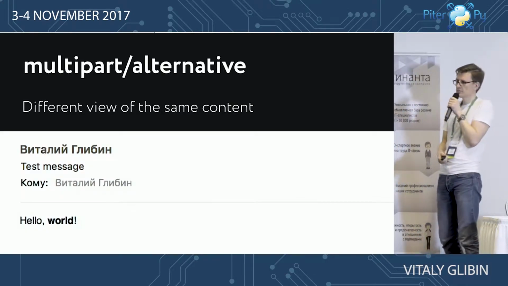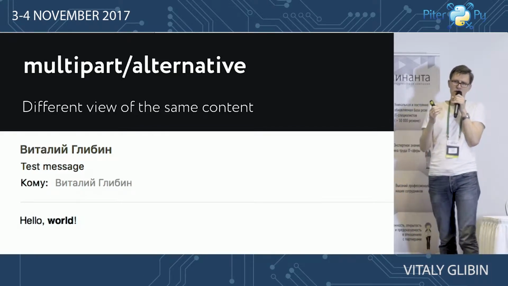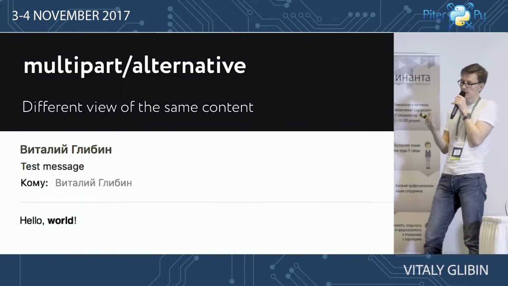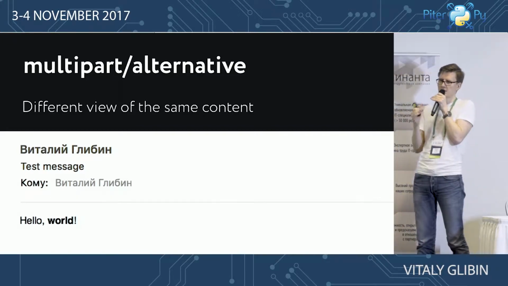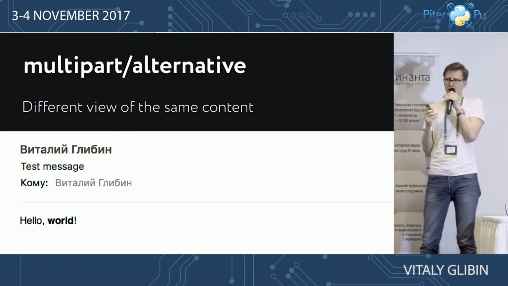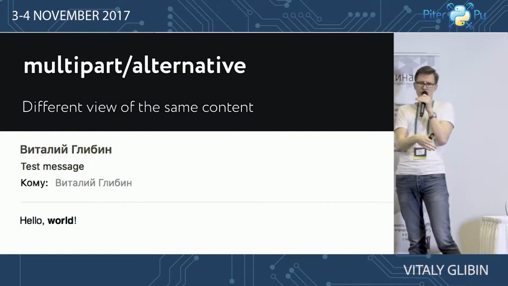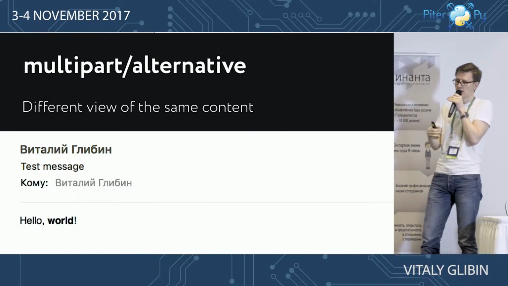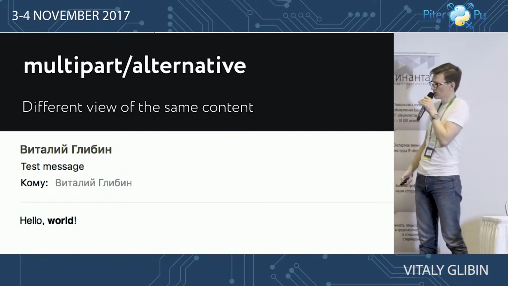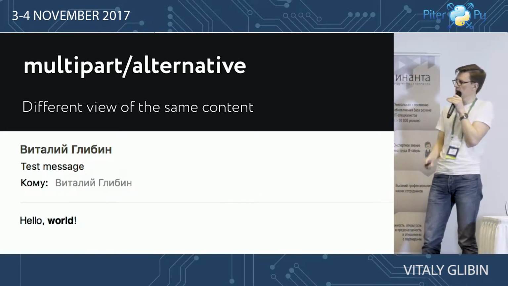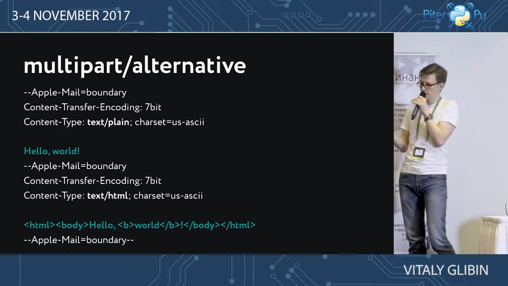First is multipart alternative. It is the content type where we have a message and a few representations of how it should look. The easiest example: when you write an email in the client and make it bold or red, it is HTML format, and your client understands what you're doing, and the letter is sent in 2 formats. One is just text, what you have written.